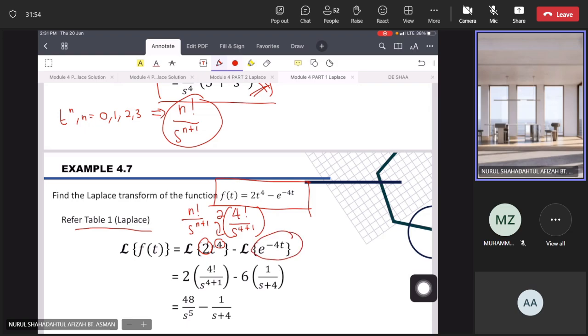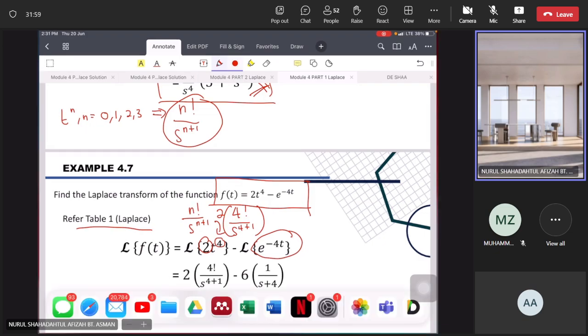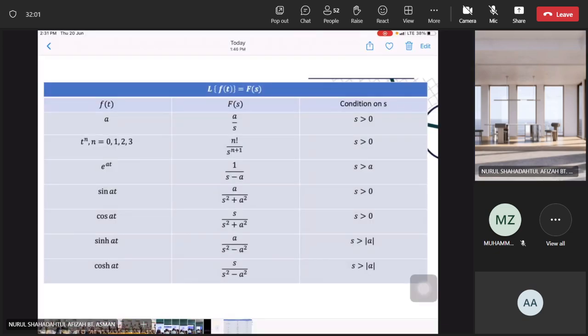And how about if we have exponential e? So you just refer to the table again, which is this table. And this one, EAT, the third one, fourth one.